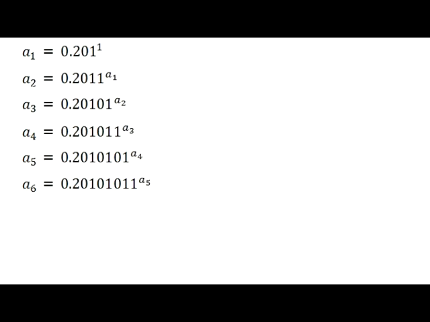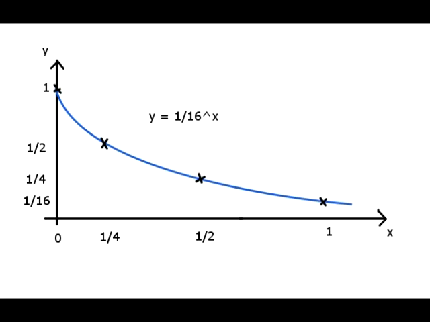Let us look at the graph of an exponential function in which the base is a positive number that is less than 1. In this example, it's the graph of function y equals 1/16 power x.